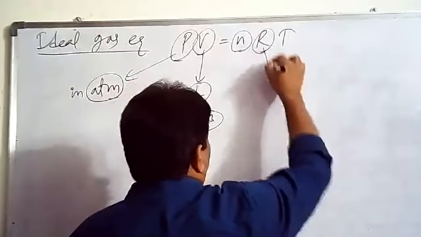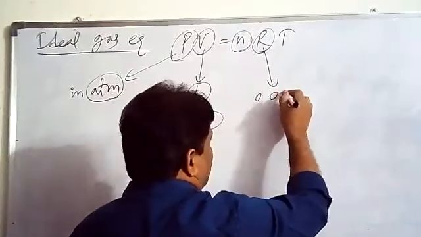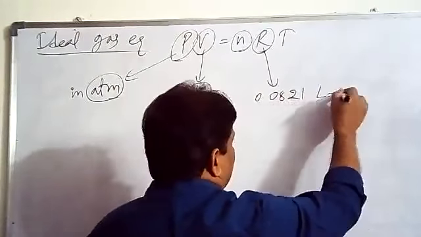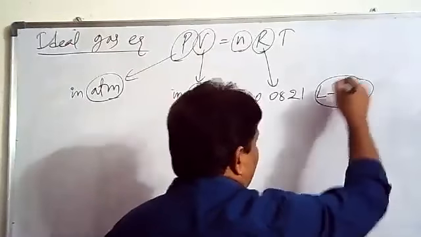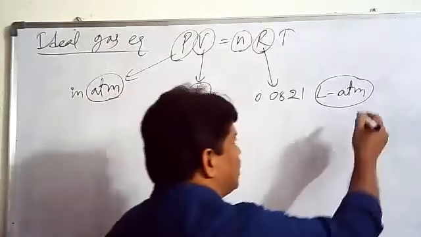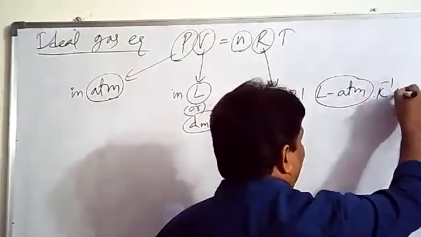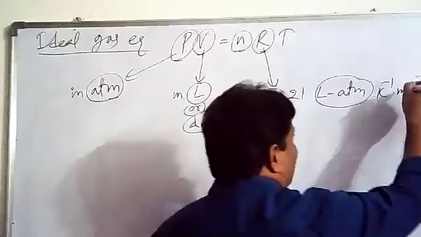And R is the universal gas constant, which should be taken as 0.0821 liter atmosphere per Kelvin per mole.